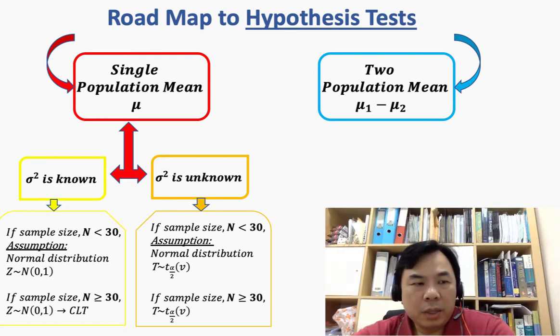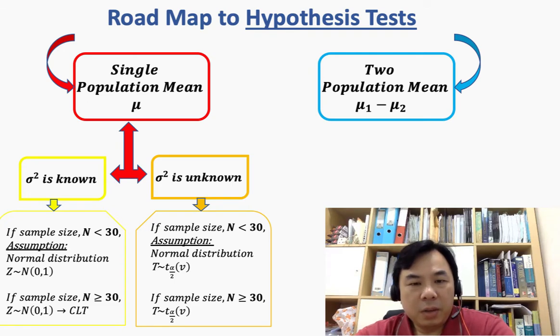But because the population variance is not given, we have to choose the student T distribution for our analysis instead of the standard normal distribution Z. And if you are using the student T distribution, don't forget to determine the degrees of freedom. That's the only difference compared to using the standard normal distribution.